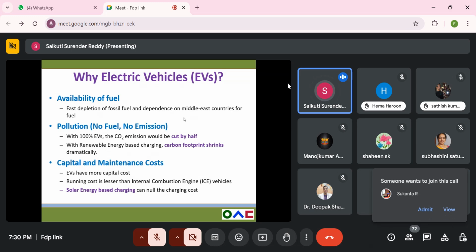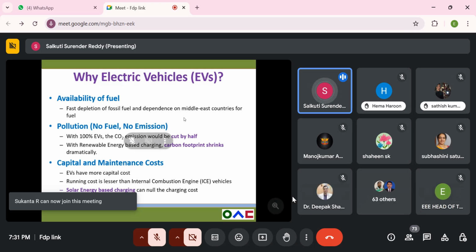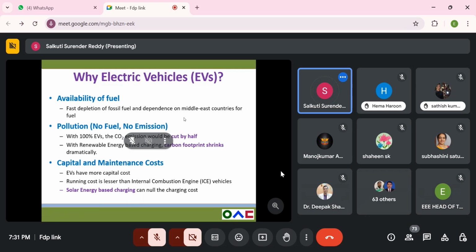Apart from these renewable energy sources, in modern electrical systems we also have electric vehicles. Electric vehicles have many advantages. One is the availability of fuel, because we don't have fuel for our vehicles and mostly depend on Middle East countries for it.